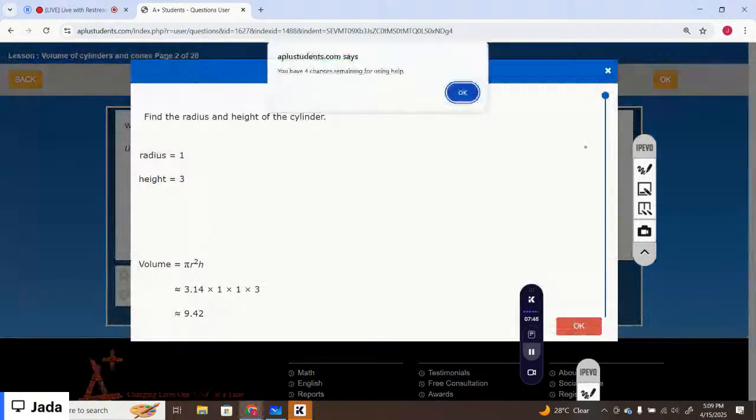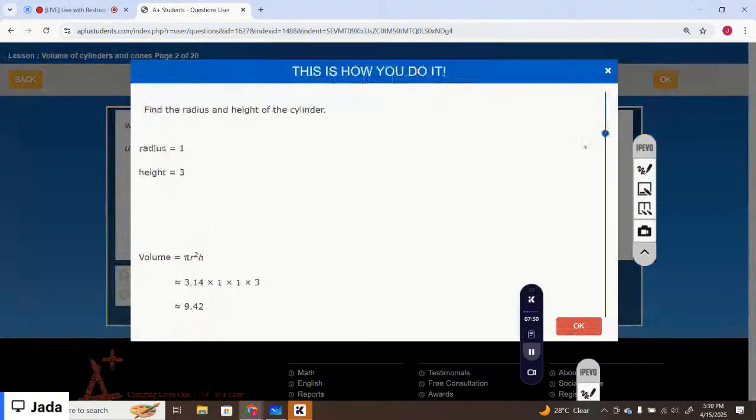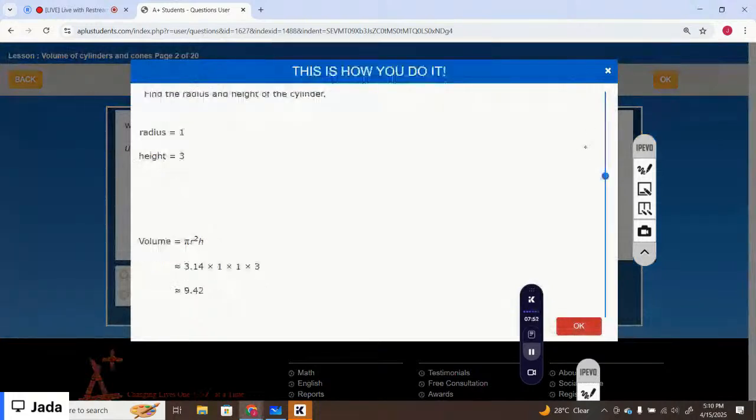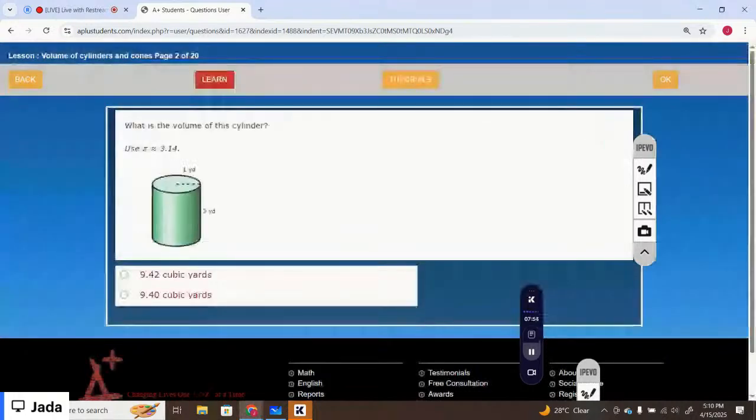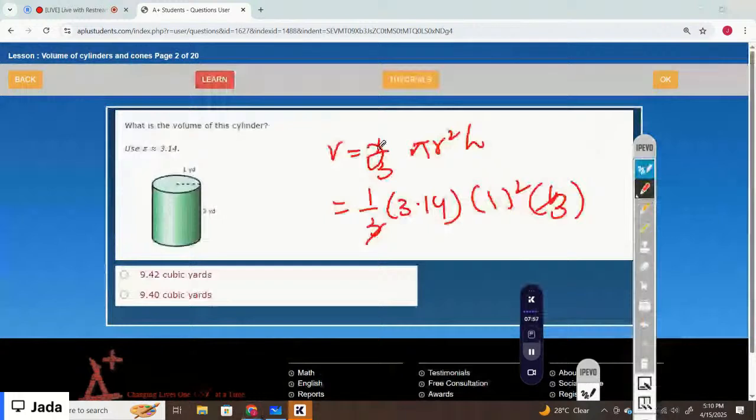Why? Oh, that is not the cone, sorry, I forgot. That is the cylinder. So we need to calculate the volume of the cylinder. Volume of the cylinder is pi r square h, right? So 3 times 3 is 9.